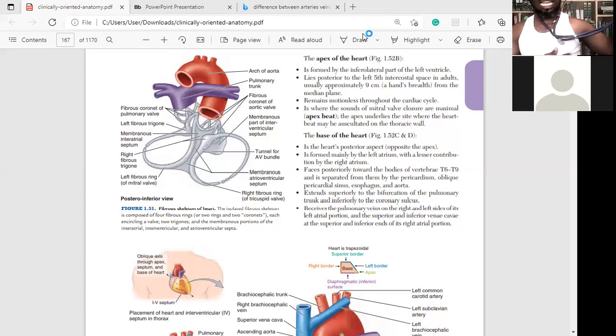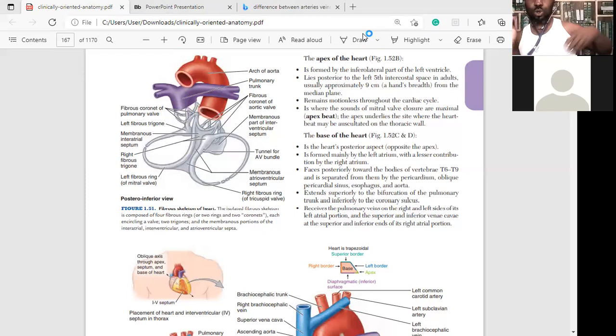So this is the left side of my heart, yeah? Now, my fifth intercostal space is somewhere here, just below the nipples, but a little to the left. So this is where you find the apex beat.